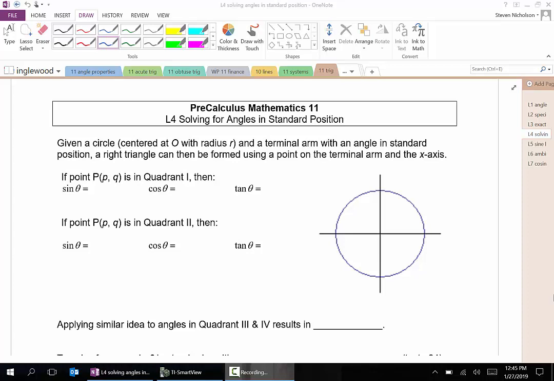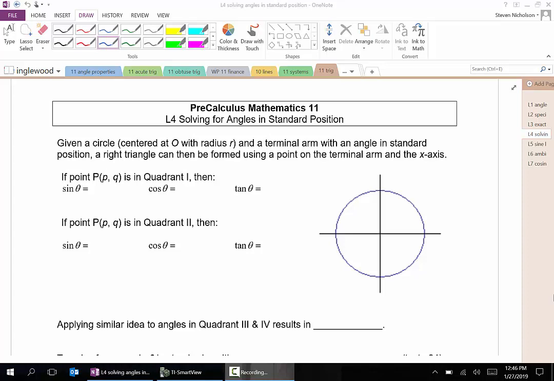Lesson 4 in precalc trig is solving for angles. So in the previous lessons, we've looked at locating angles in the 4 quadrants. We've looked at finding the exact values or the trig ratios in these 4 quadrants, and we recognized the importance of a reference angle and a reference triangle.